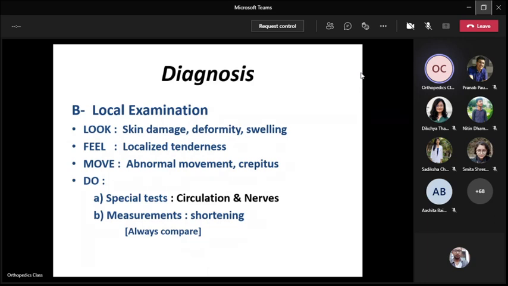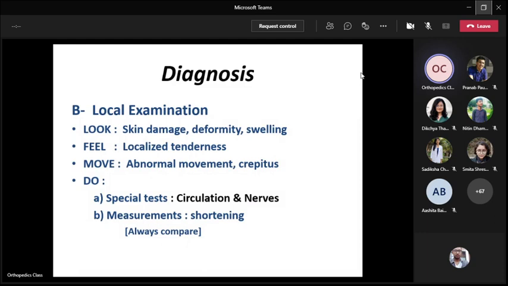So our examination is look and feel, the same as before. Look is inspection, feel is tenderness, but movement and measurement are important because nobody wants a short limb or a longer limb after the treatment. So look, feel, move, and some special tests, and measurement is important in all. These are the four headings.